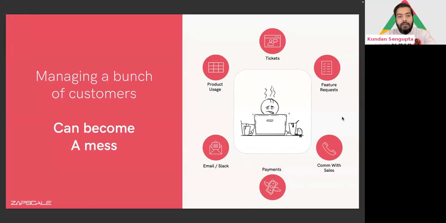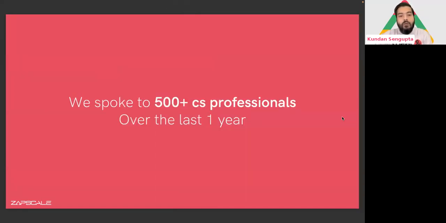In fact, in the last one year where we have been developing and bettering our product, we have spoken to more than 500 CS professionals. Now we can roughly divide them in two groups: ones who use a customer success platform to try to solve this issue, and the others who do not.